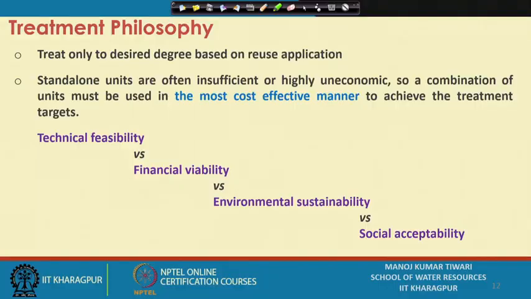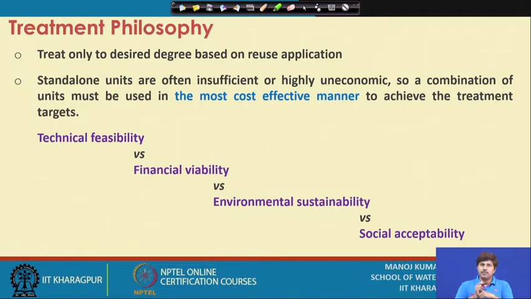Now, when we go for making a decision towards a treatment system, the water should be treated only to the desired degree based on the reuse application. Standalone units are often insufficient or highly uneconomic.